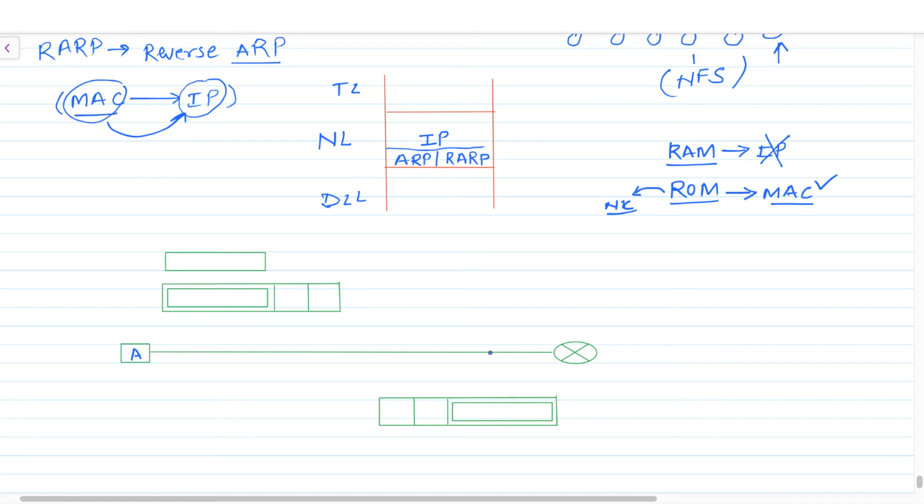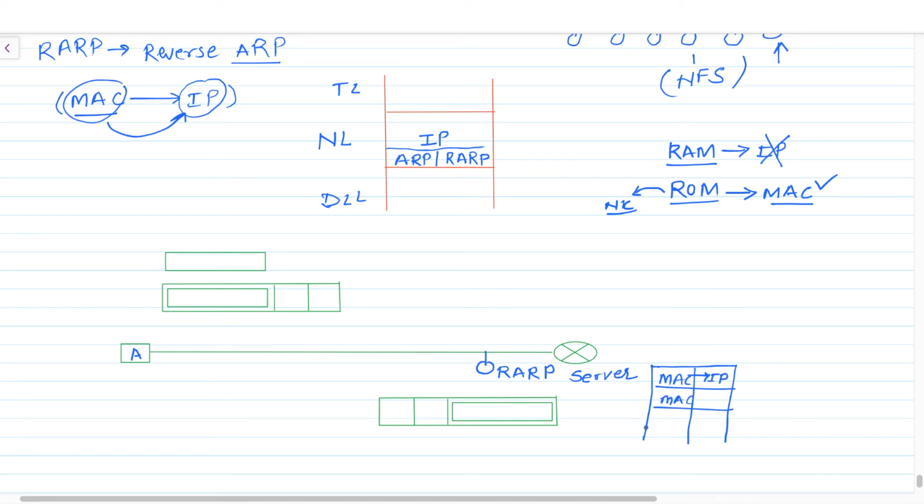So there will be a server called the RARP server. This RARP server is going to maintain a list of MAC addresses and the IP addresses associated with them.